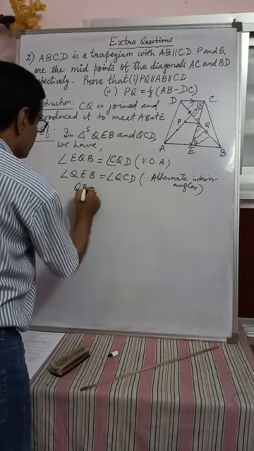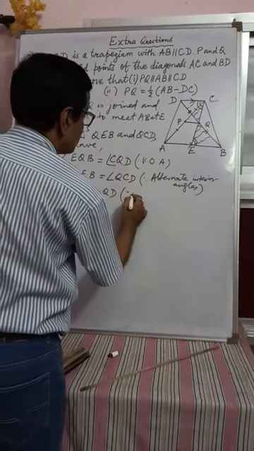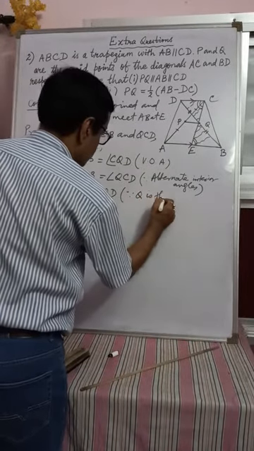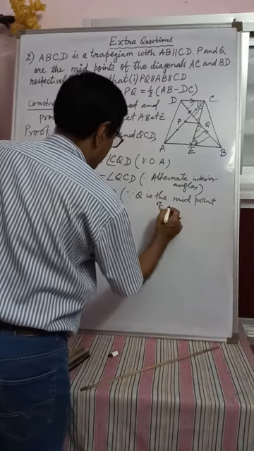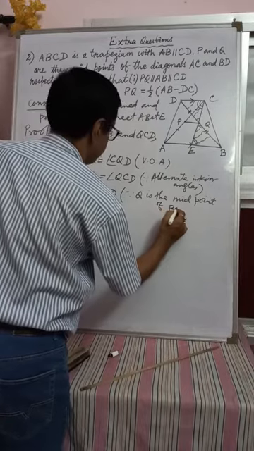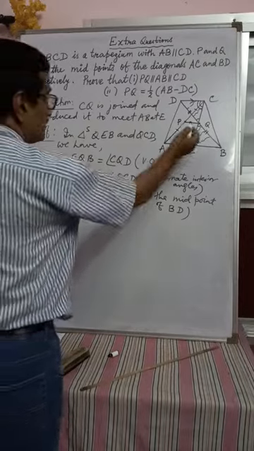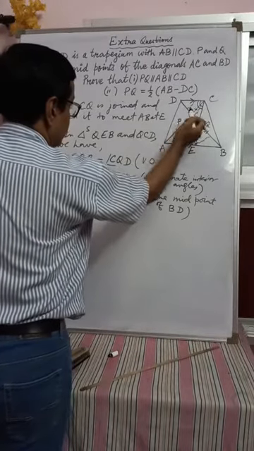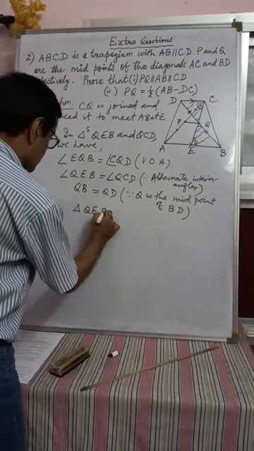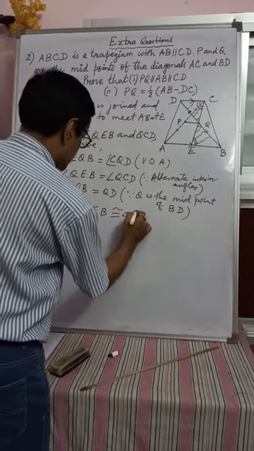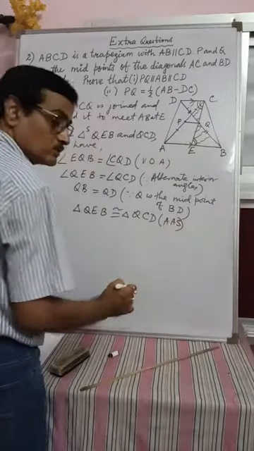So QB is equal to QD, because Q is the midpoint of the diagonal BD. Therefore, by angle and side, these two triangles are congruent. So triangle QEB is congruent to triangle QCD by the angle side congruence rule.